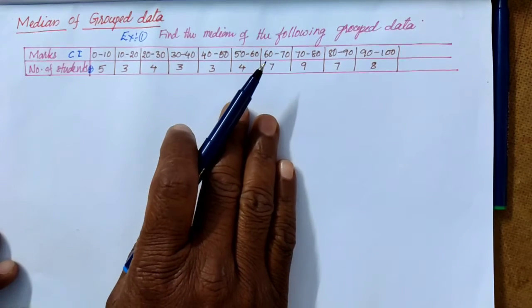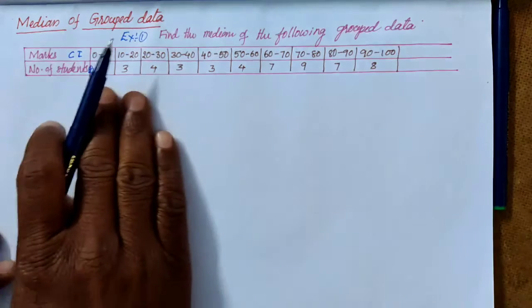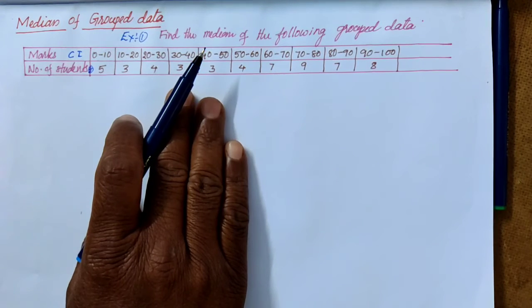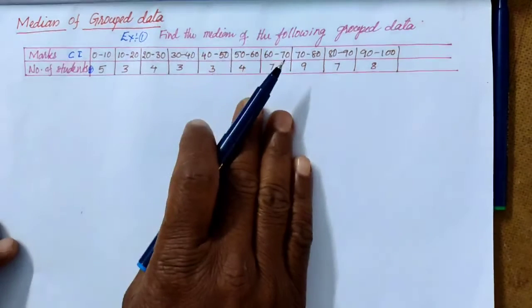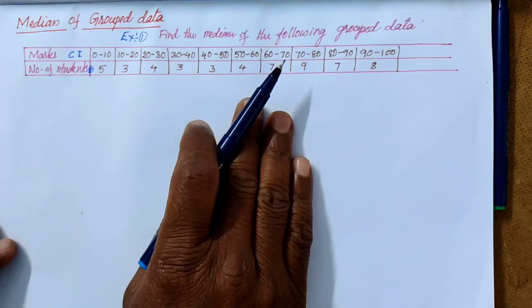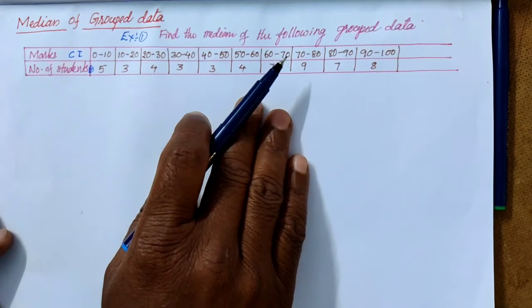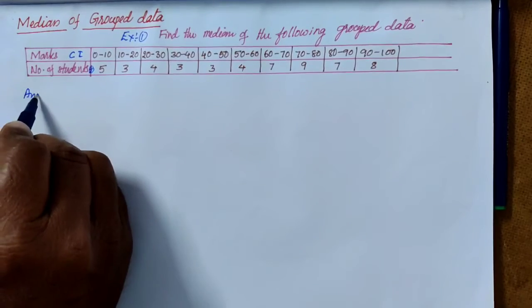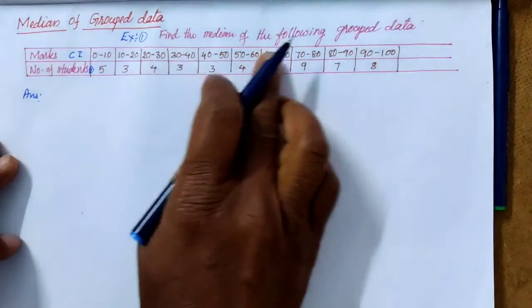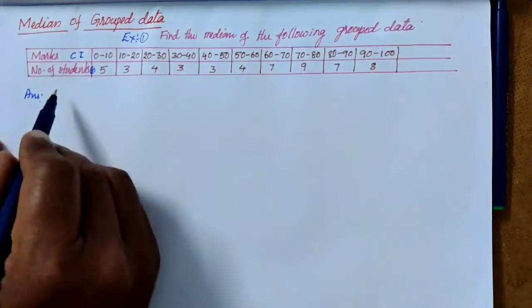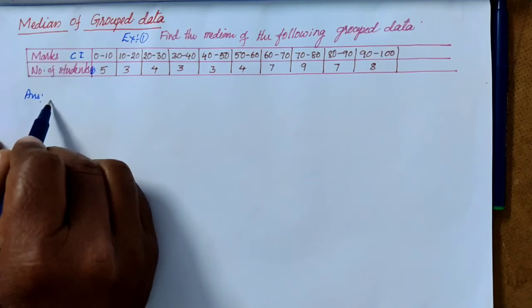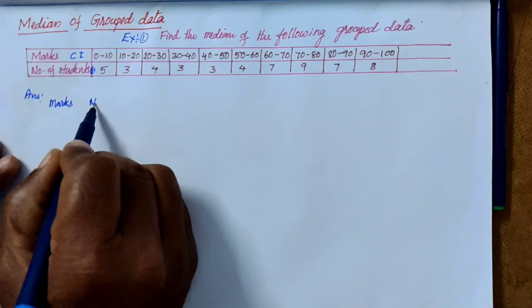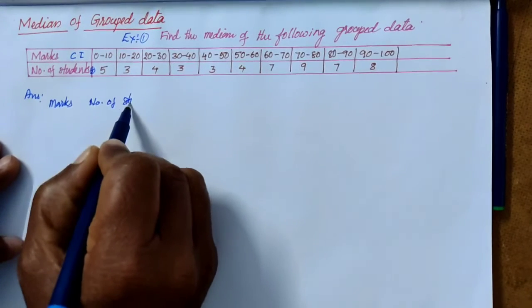So we have to find the median of this data, the marks obtained by the student who is in the middle among these students. So how to do it? To answer this question, first we rearrange this data. Marks, number of students.